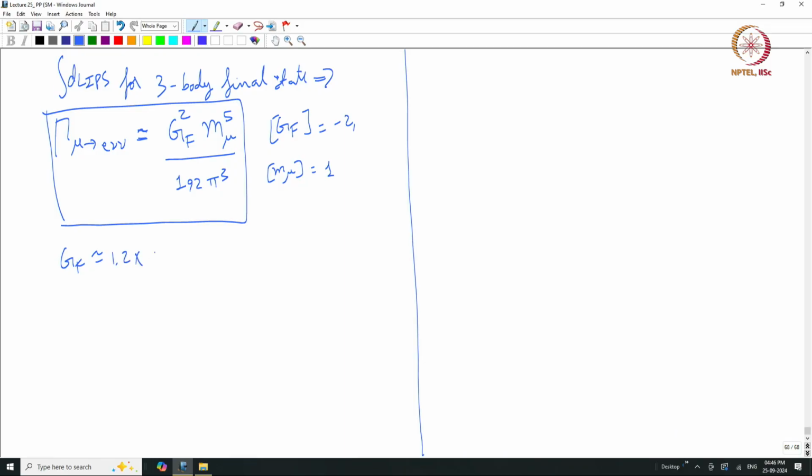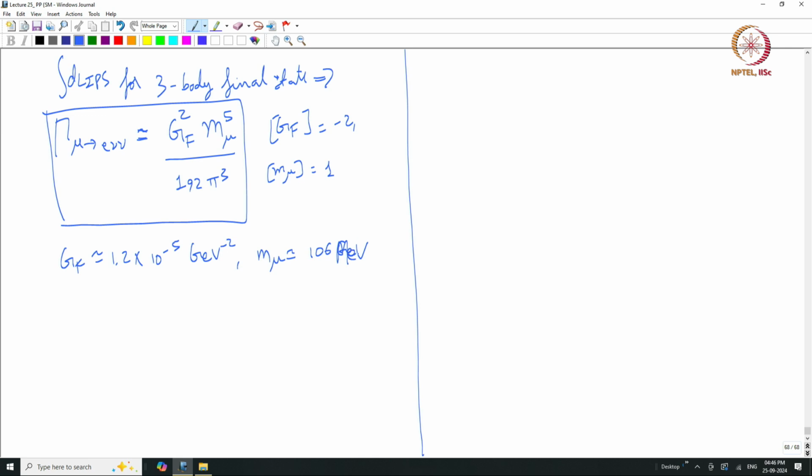Let me wrap up this class by writing down what the actual lifetime of the muon is. If I plug in the value of Fermi's constant and take the muon mass, which is in MeV, I very highly recommend that you do this calculation.